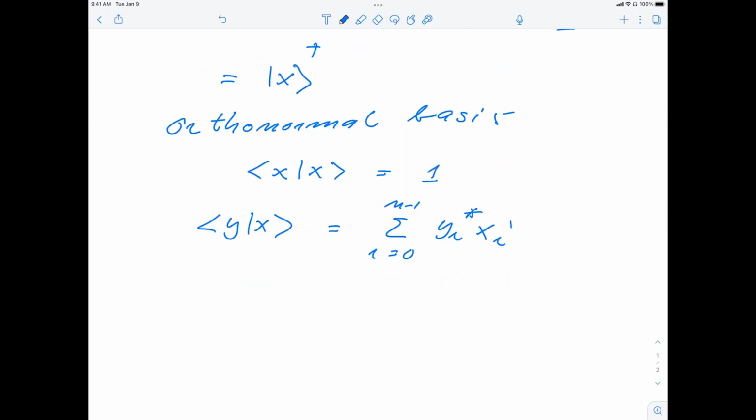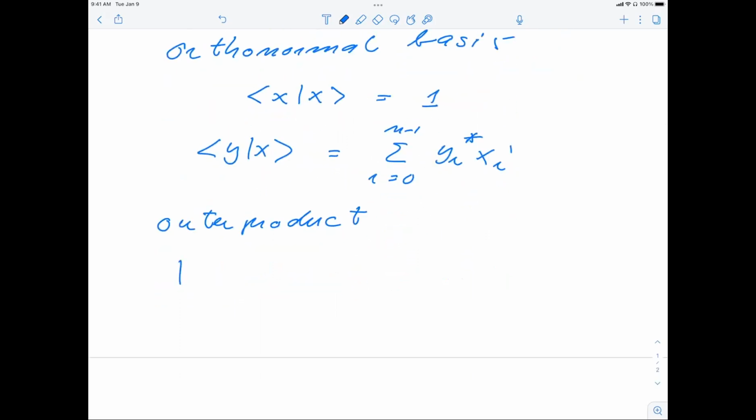There's another quantity which we are going to use repeatedly, and that is the outer product. If we take the outer product of two vectors like this, x and x, it is defined like this. This is a matrix. The reason why we're going to put a lot of emphasis on this is that this quantity is going to pop up again and again and again, either in terms of so-called projection operators, where we can split the Hilbert space into an effective space and an excluded space.